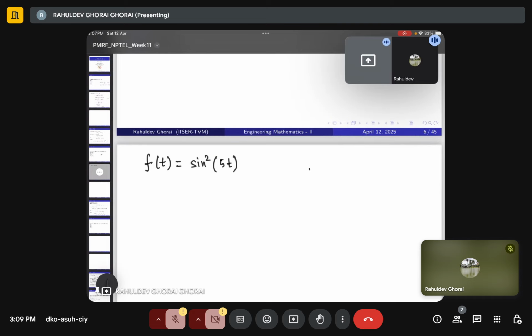What we know is L of sine of at is nothing but a over s square plus a square, and we also know L of cos of at is equal to s over s square plus a square.